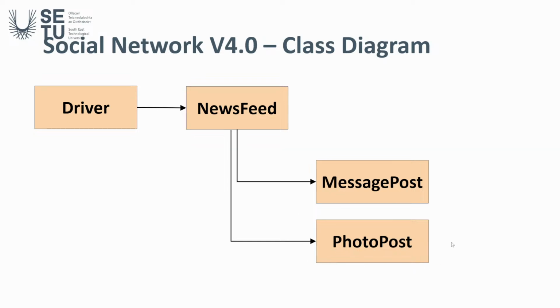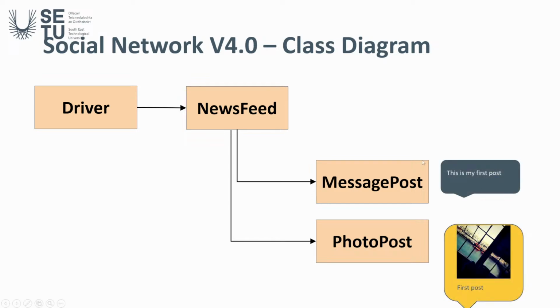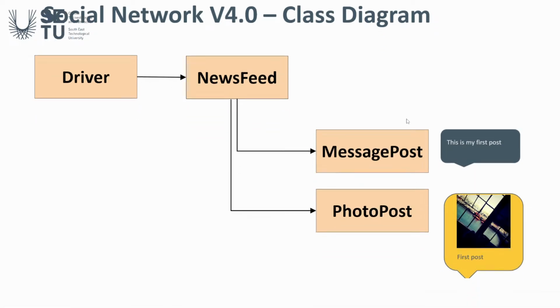And our class for photo post is going to have our fields, our author, our likes, and it's also going to have our caption and the location of the photo. So this is our example of our message post, and our photo post is going to have a picture and a caption.